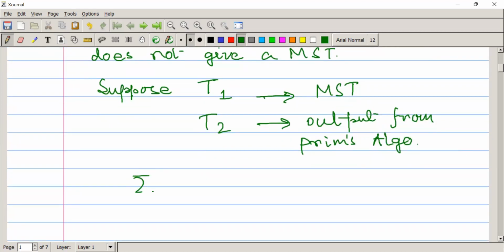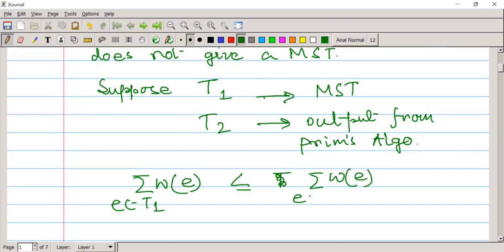So the sum of the edge weights in T1 is less than or equal to the sum of the edge weights in T2.